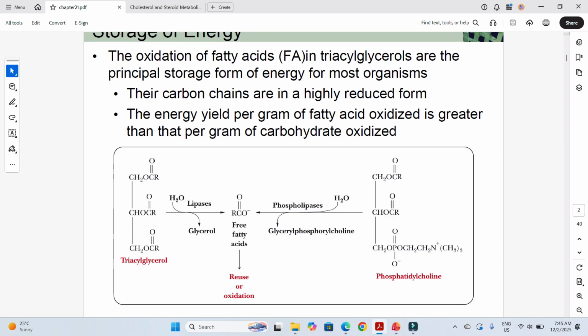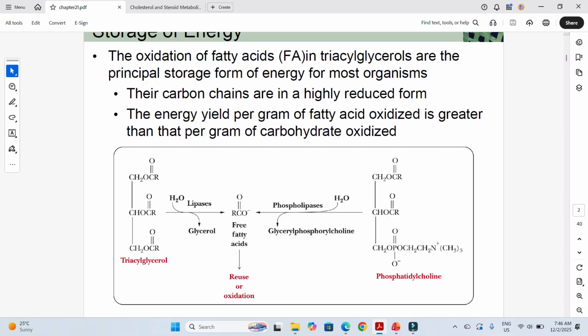Now, it has to be mentioned that free fatty acids can also be obtained from phospholipids. Remember the structure of phospholipids, we studied this a while back. Phospholipids consist of a glycerol molecule and two fatty acids, as well as a phosphate group in the polar molecule. So phospholipids can also serve as a source of fatty acids for oxidation, right?